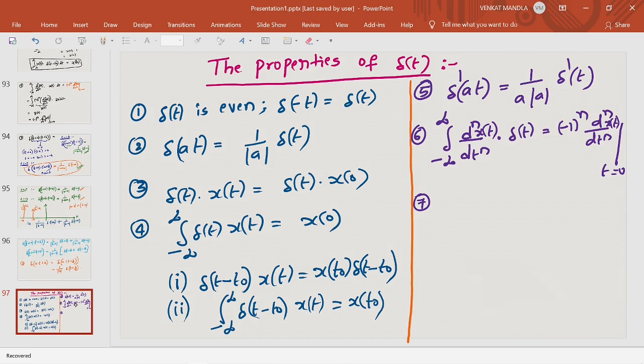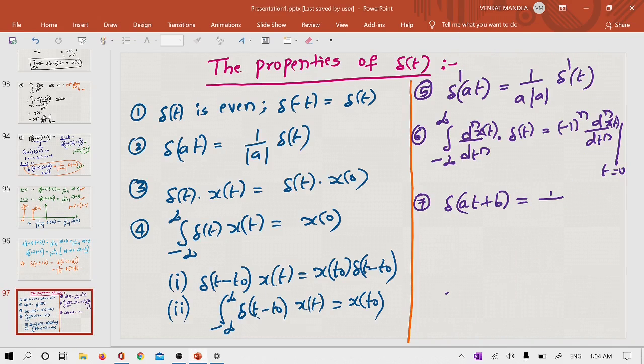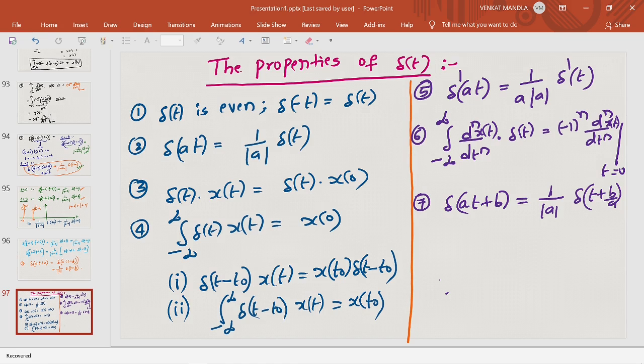The seventh one, del of at plus b equals 1 by mod a del of t plus b by a. Yes, the eighth one, I'll write with another color.